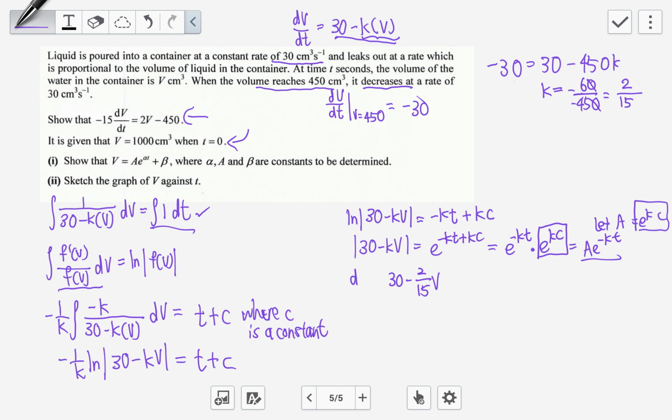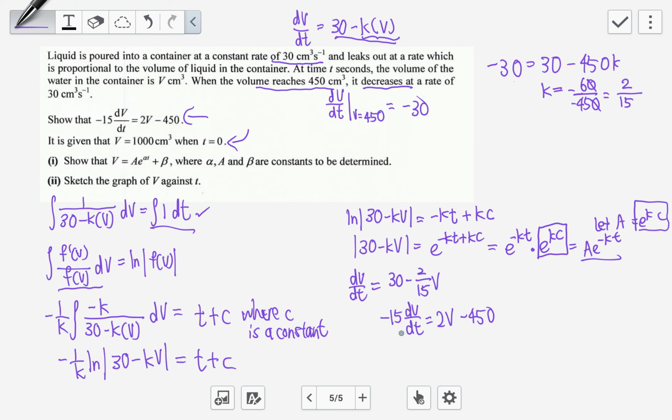So dV/dt equals 30 minus 2 over 15 V. If I multiply minus 15 throughout, I get minus 15 dV/dt equals minus 15 times 30, which is minus 450, minus 15 times minus 2 over 15 is 2V. So I have this 2V here.